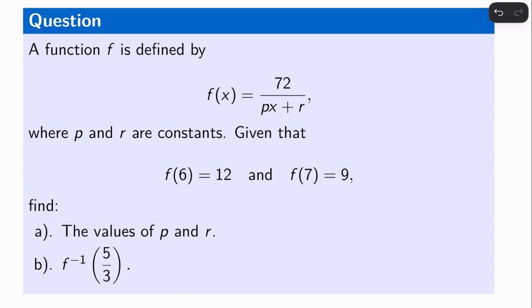With our second example, we have a function f defined by f of x is equal to 72 divided by px plus r, where p and r are constants. Given that f evaluated at 6 is equal to 12 and f evaluated at 7 is equal to 9, find the values of p and r, and also find f inverse of 5 on 3.